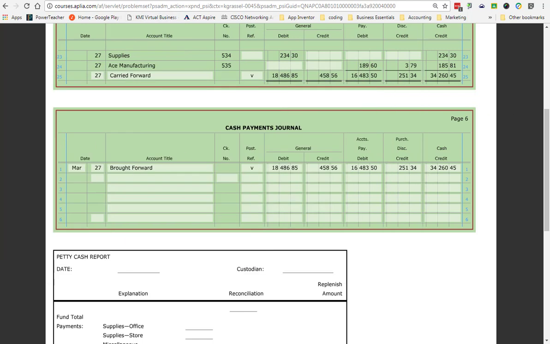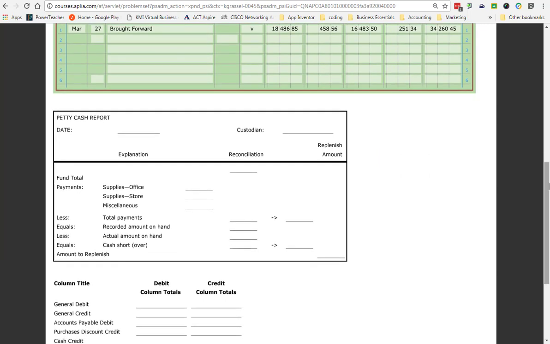Okay, that's a whole lot of information. Let's break this down. What really happened? For the month of March, the business had to go out and buy stuff. Every time they went out to buy, someone within the office, let's say Dylan, had to go and buy some paper. Dylan will go to the petty cash box. He'll take out $50.